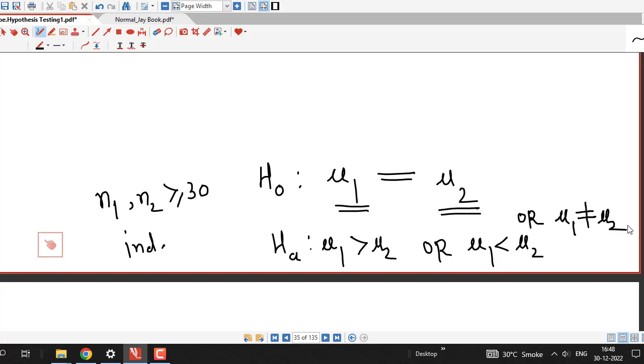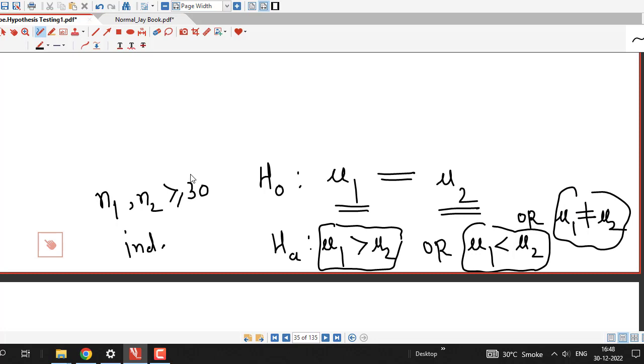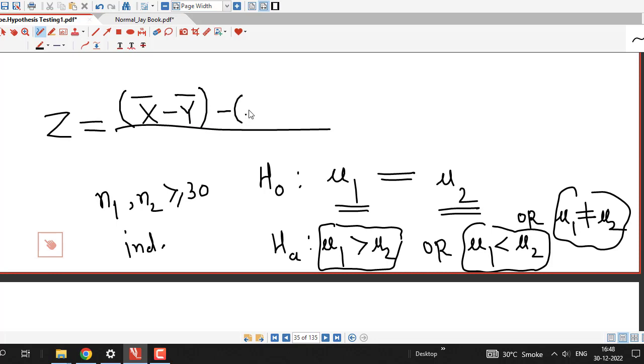So we will have this type of situations in different problems. In this problem we have used this right tailed test. Sometimes we have left tailed test or two-sided test. So all you have to remember is the formula for the two sample Z test, and it is easy to remember: x bar minus y bar minus (mu1 minus mu2), divided by the square root of variance of sample 1 divided by size of sample 1, plus variance of sample 2 divided by size of sample 2.